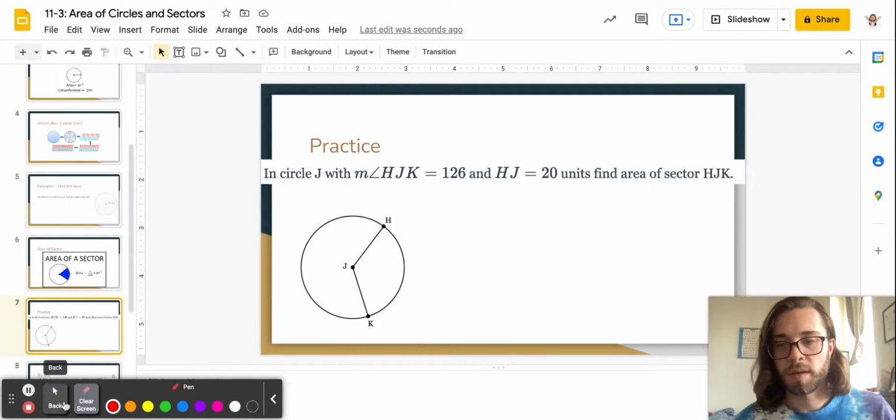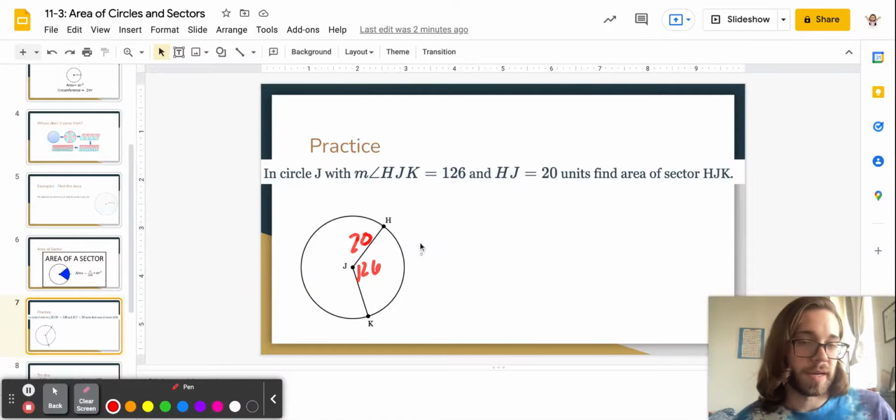Okay, so let's set this up. So it tells us the measure of angle HJK is 126, and HJ is 20. So that's our radius. So find the area of the sector.